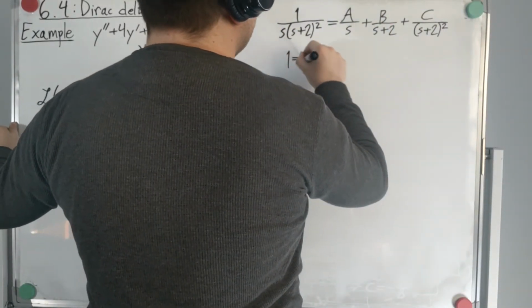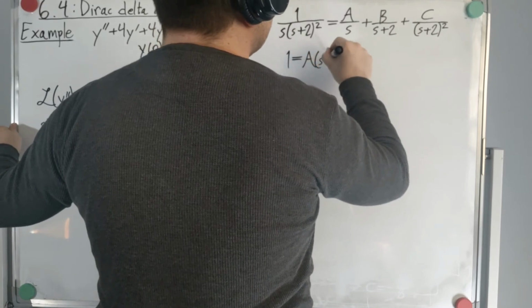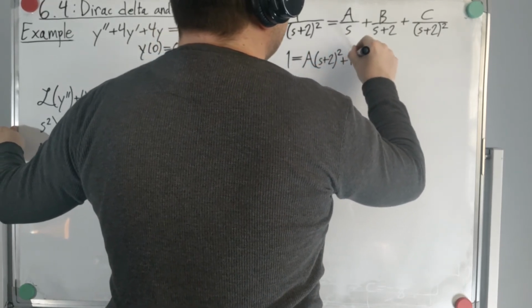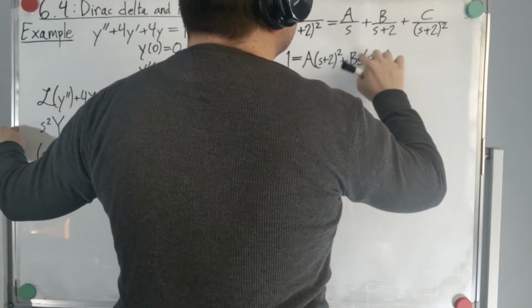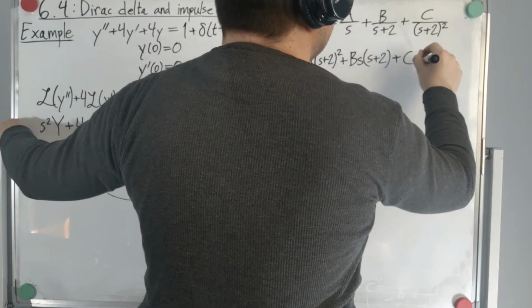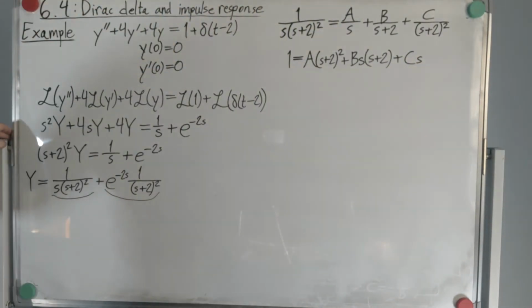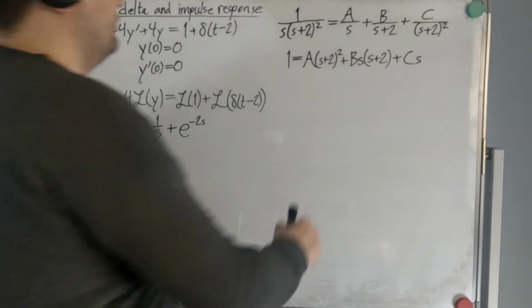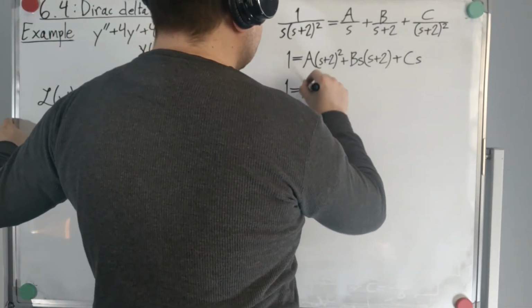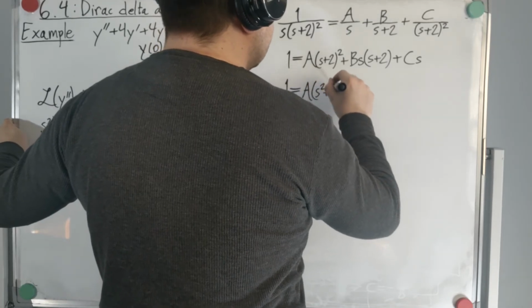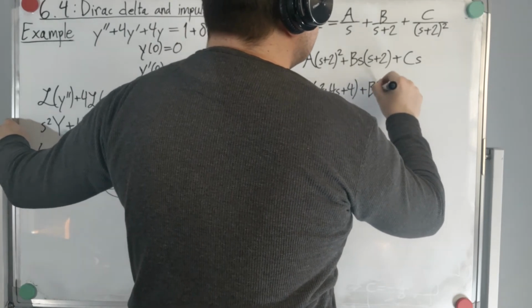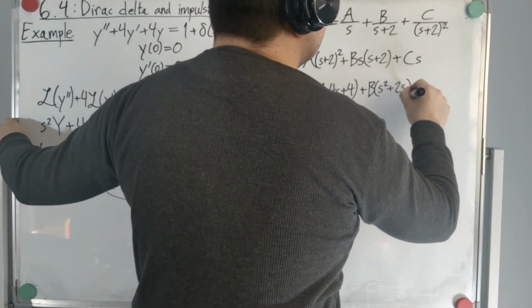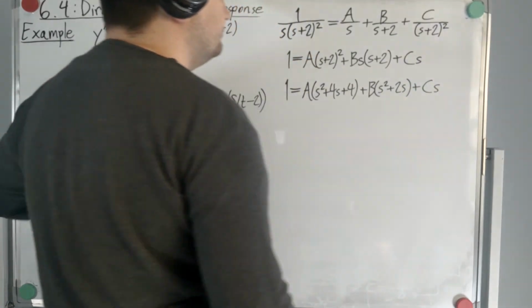You get 1 equals A times s plus 2 squared plus B s times s plus 2 plus C s. This becomes 1 equals A times s squared plus 4s plus 4 plus B times s squared plus 2s plus Cs.